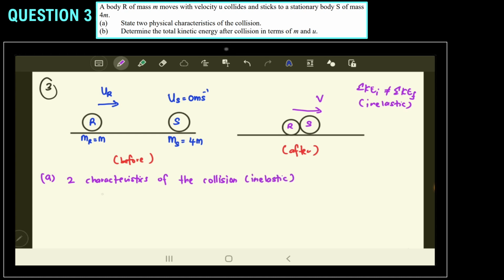Okay, the first one is the total linear momentum is conserved. Okay, and the total kinetic energy is not conserved.